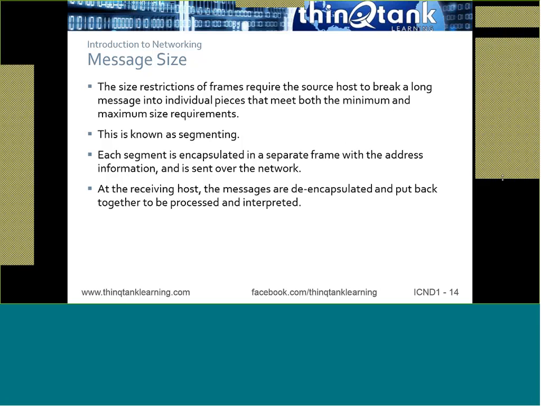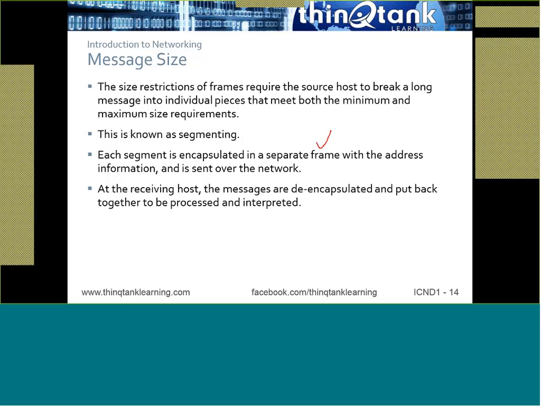Each segment, it says here on the third bullet point, each segment is encapsulated in a separate frame with the address information and is sent over the network. Okay, that's true. There's a process in the host called the encapsulation process, where we add headers for each of the layers, and we send that data along the path.